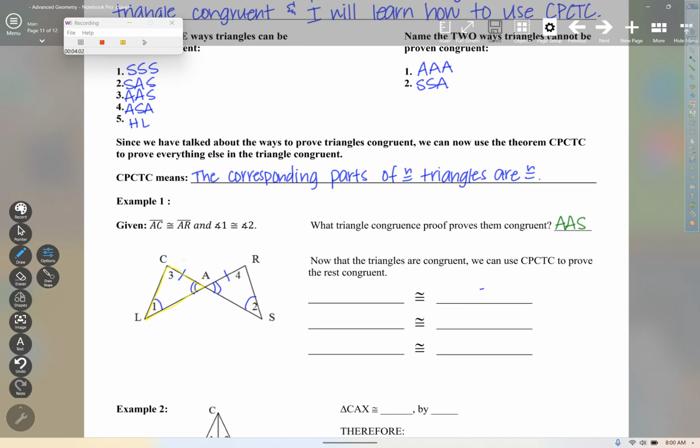Well, angle 4. And we can say that by using CPCTC. So everything else becomes congruent. Those corresponding parts become congruent when you can prove that the triangles are congruent by ASA, AAS, SSS, SAS, or HL.